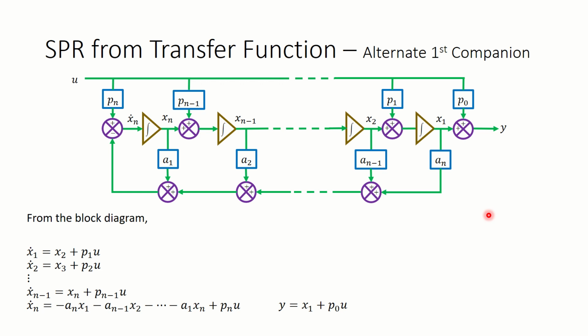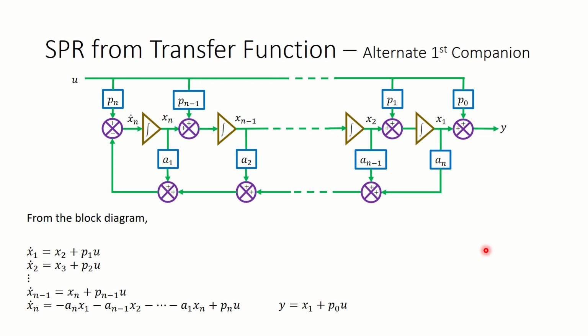In the block diagram itself, we have forcefully tried to include u. So this makes the dynamics like this. Now on doing this, what actually we did, we introduced these coefficients p0 to pn, which were not given to us from the transfer function. Realize this. I hope you have already noted this by this time. These coefficients were not given to us from the transfer function.